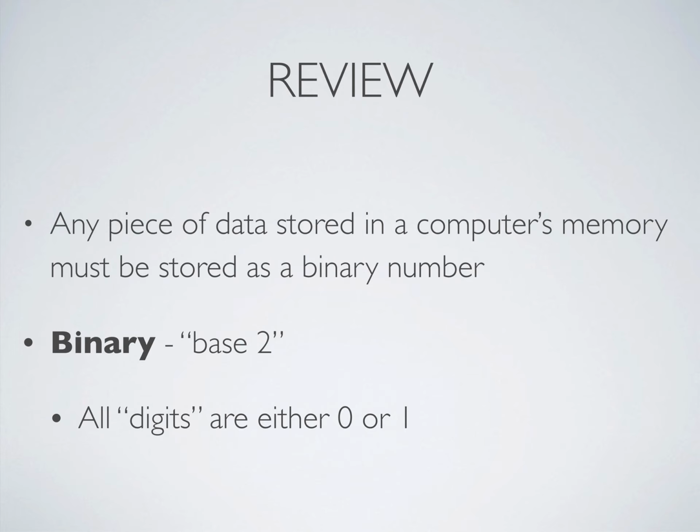That's what we're going to talk about today. If it's a string, you have to go through every single character, convert that character to a number using ASCII, and then convert that number into a binary number. So again, today the focus is going to be on how exactly we do these conversions to binary.